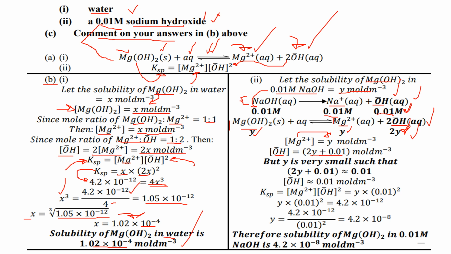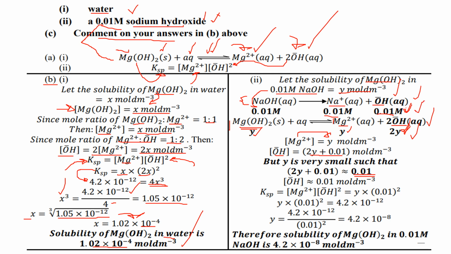But remember that magnesium hydroxide is sparingly soluble, so we expect it to dissolve in minute quantities. That's why we assume that y is very small, such that 2y plus 0.01 remains the same concentration as that of only sodium hydroxide. There are two reasons for that.